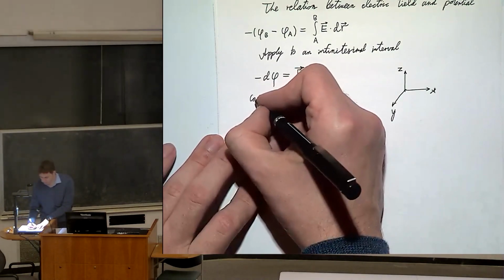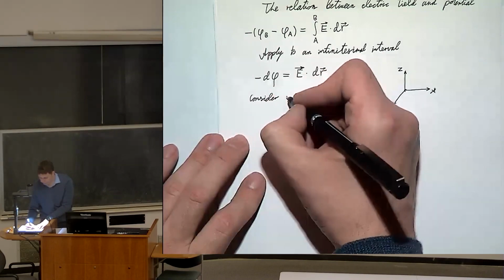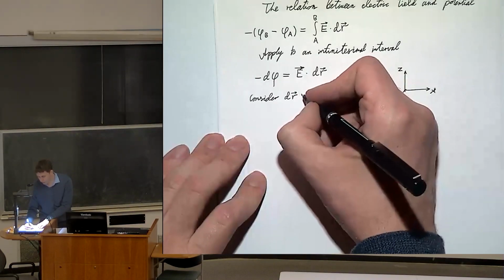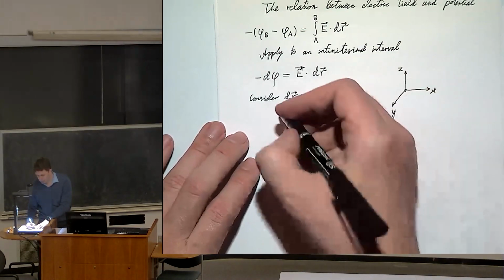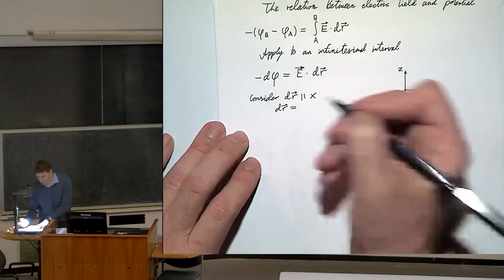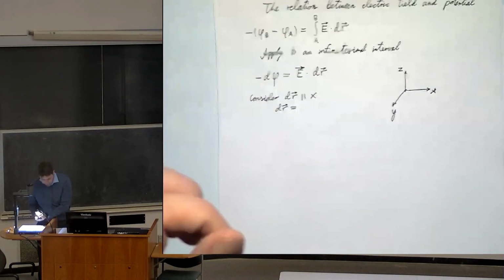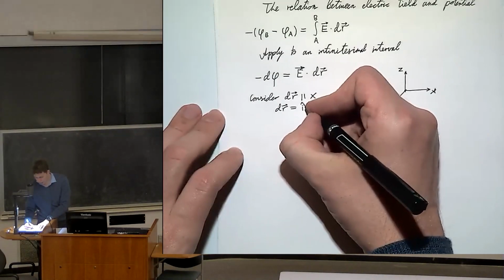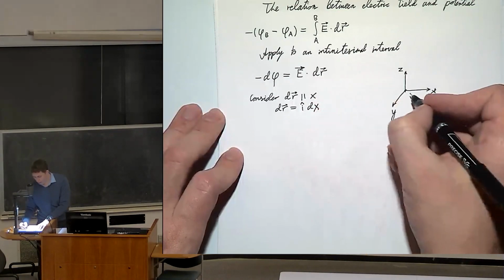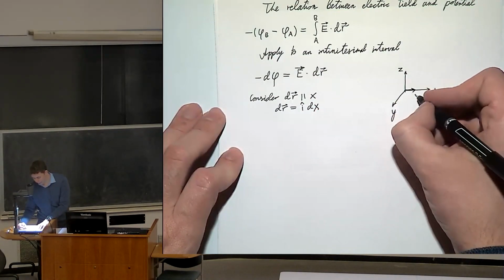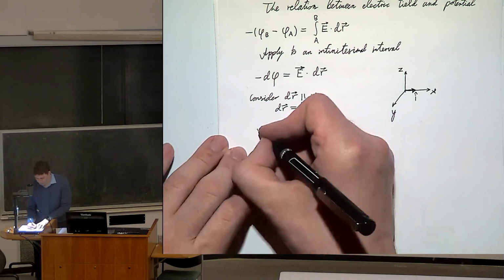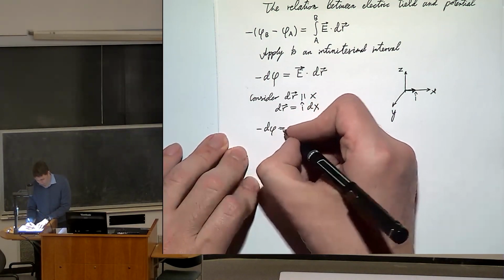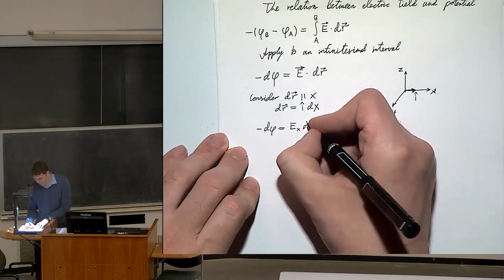And if we consider the displacement dr parallel to the x-axis, meaning dr equals i dx, where i hat is the unit vector along the x-axis, then minus d phi equals Ex dx.